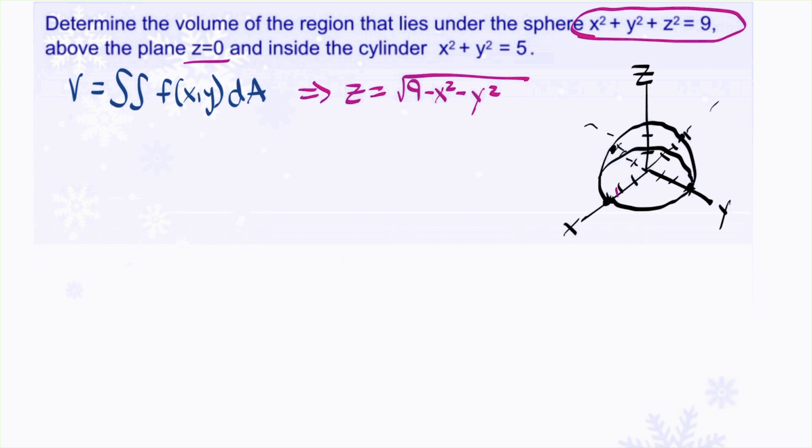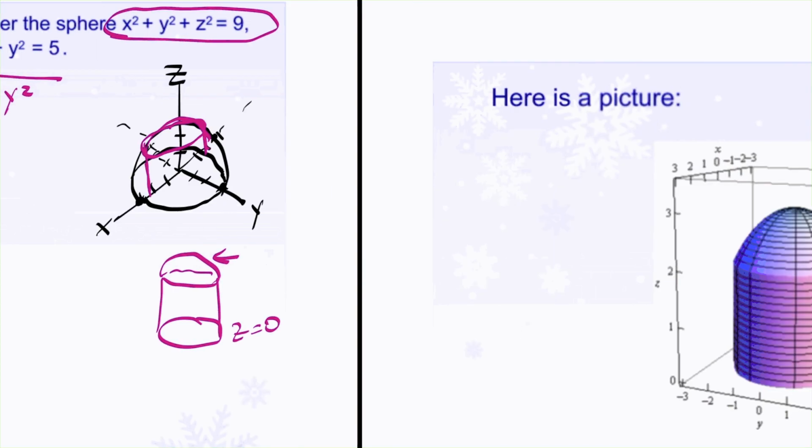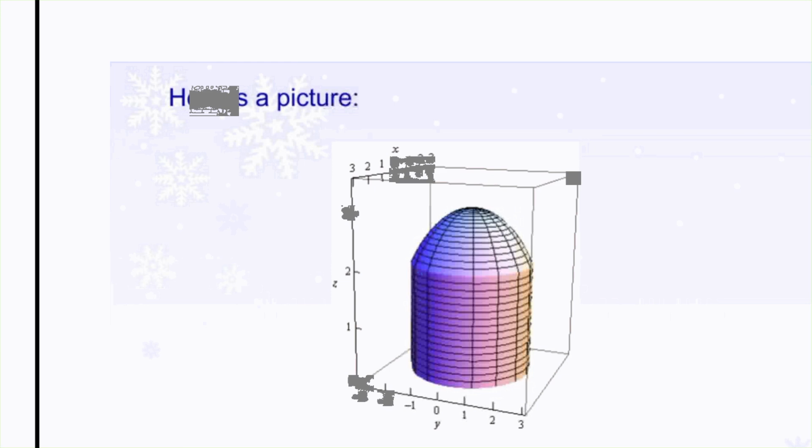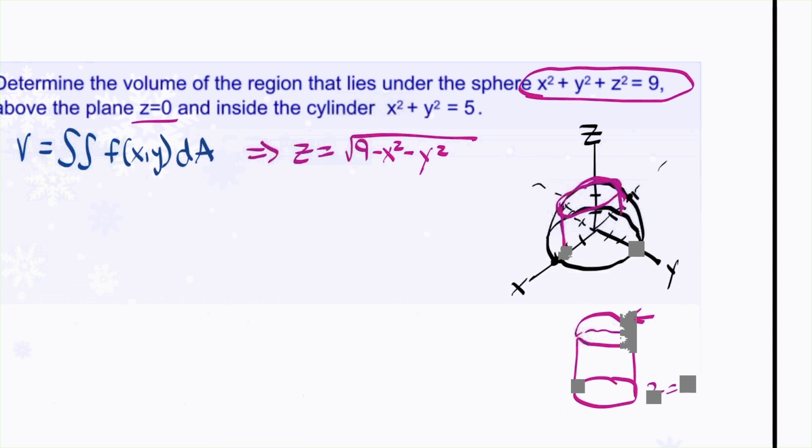So here, we're just going to do a cylinder, and then it has a domey top. Okay, so picture this. Something like that. The sphere is on the top, and then it has a cylinder, and then it stops at z equals 0. So that's what we're going for. I do have a photo right here, so we can get a sense of what it looks like, but I was trying to recreate that. Not great, but I think we can all picture it now.